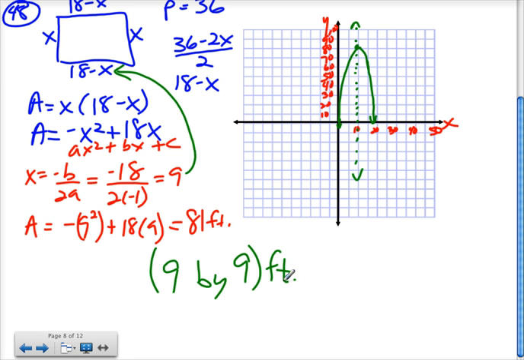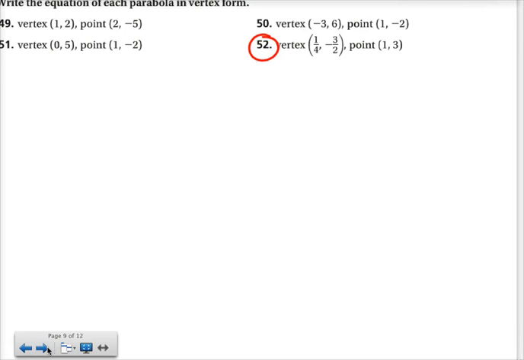Right there. And the maximized area would be 81 square feet. Should put my little squared symbol back up in there too, because that was area. So graphing that is not the most pleasant thing in the world, but we can definitely do that if we know the vertex and we just use a little symmetry. It's not difficult, just kind of ugly numbers there.